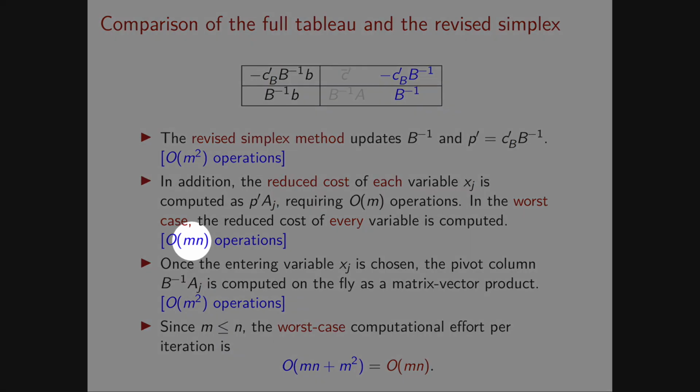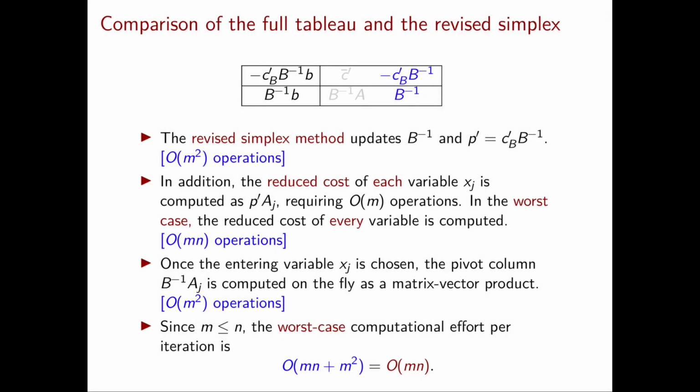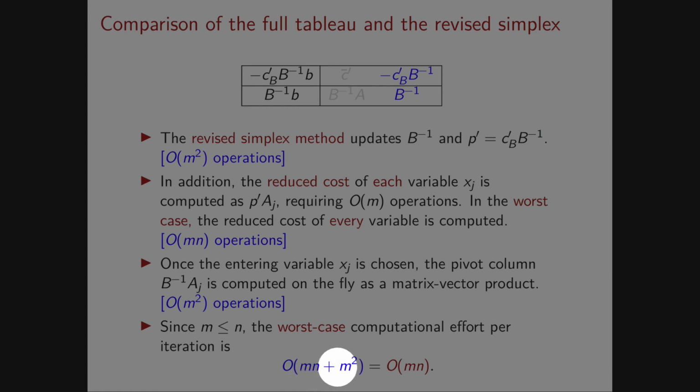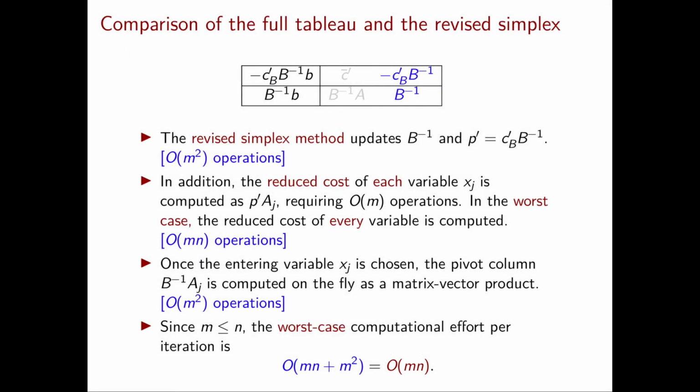Then, once we have understood which variable x_j should enter the basis, we compute the pivot column B inverse a_j. This is the product of an m by m matrix and an m vector, so it requires big O of m square operations. Therefore, the worst case computational effort per iteration is big O of mn plus m square. Using the fact that m is less than or equal to n, we obtain big O of mn.